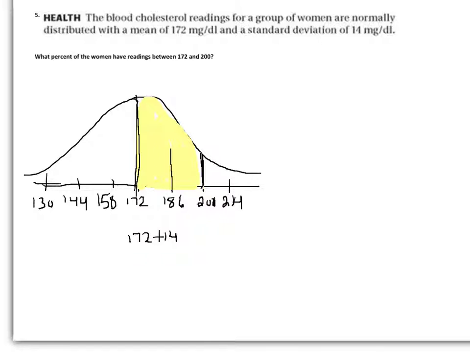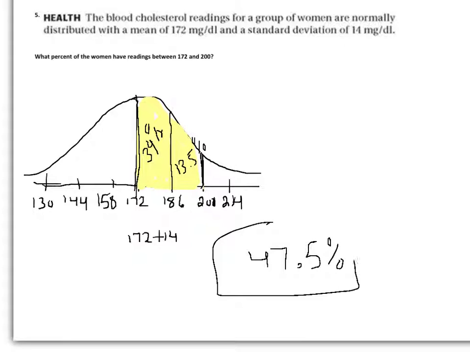So remember, we know this was 34%, and this one was 13.5%. It says what percent of the women have readings between those two? Add those two together. 47.5%. So see how we can use this normal curve to figure out some percentages?